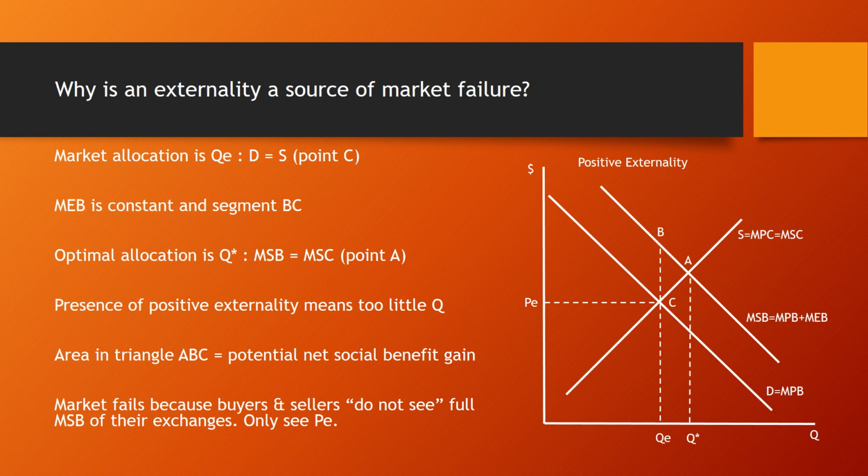Why does the market fail in this case? Once again, it is because the buyers and sellers do not see the full marginal social benefit, in this case, of their exchanges. They only see the price PE.